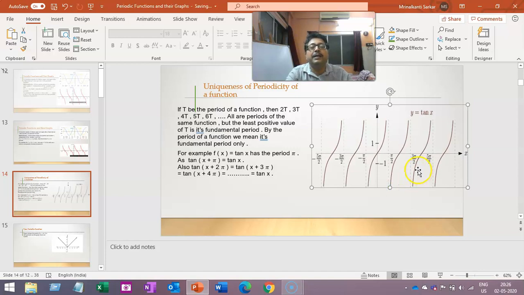But remember, period means the fundamental one. If it is period t once, then 2t, 3t, 4t are also periods, but we will take the fundamental one only. So the period of the function is going to be equal to t, that is equal to pi in this case. It may be that for 2 pi the graph remains the same, for 3 pi also the graph remains the same, but we will consider the fundamental only.